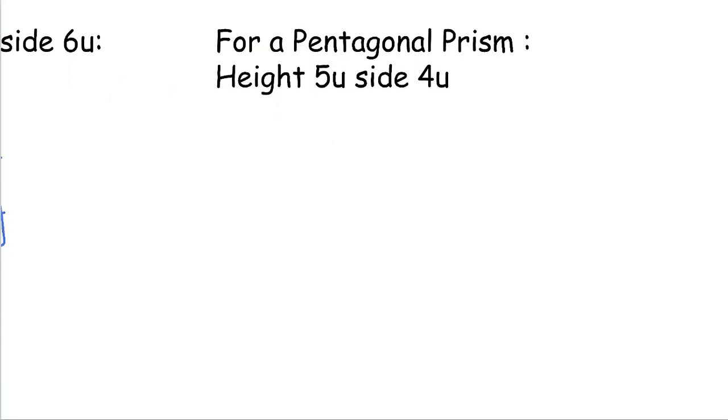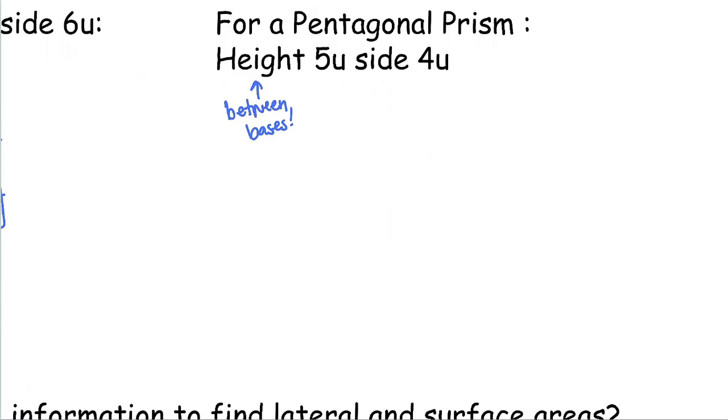For a pentagonal prism, we're going to have a height of 5 units. Remember that this height is between the bases. Okay, so if that is our height between the bases, I'm going to have a lateral face for every side of my base. So here I'm going to have 5 rectangles along the edge.